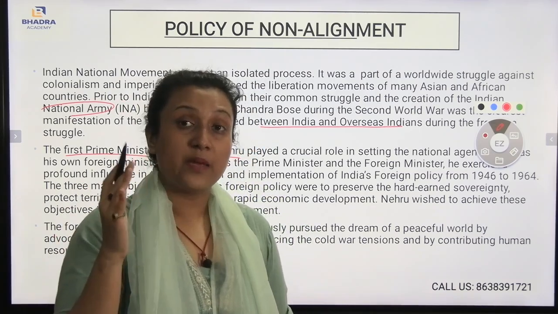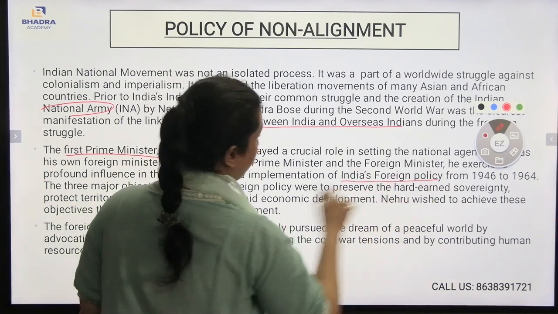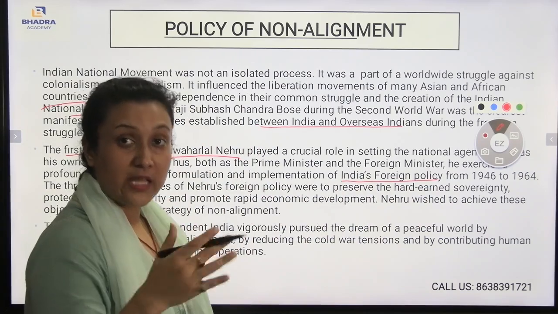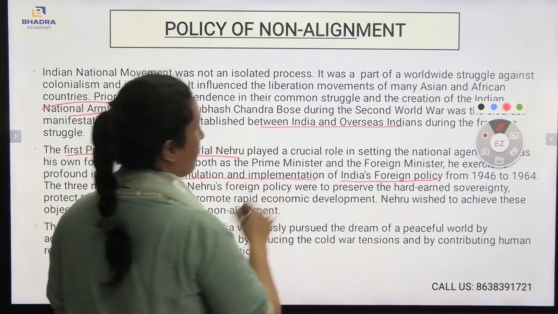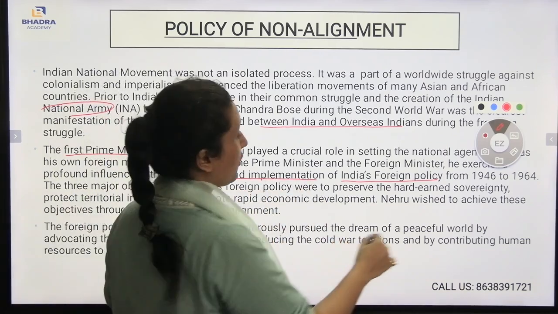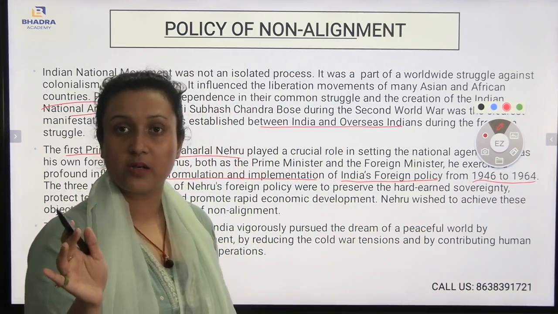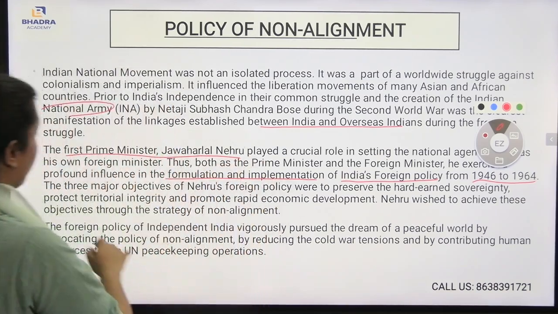So, he has been credited with the establishment of India's foreign policy. He actually formulated and implemented India's foreign policy from 1946 to 1964. He was the foreign minister as well as the prime minister during that time.